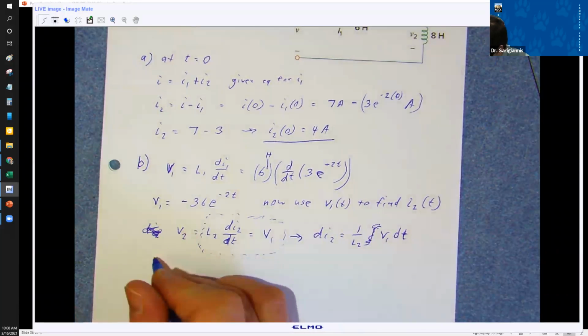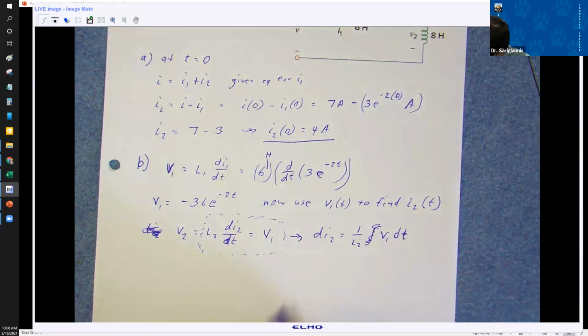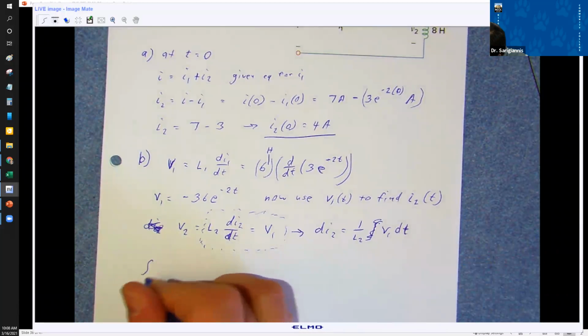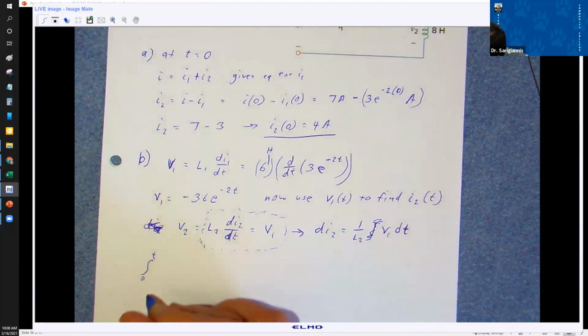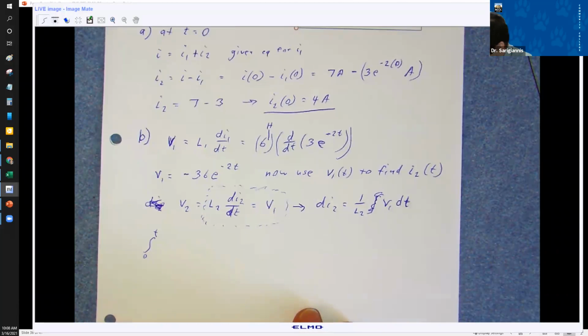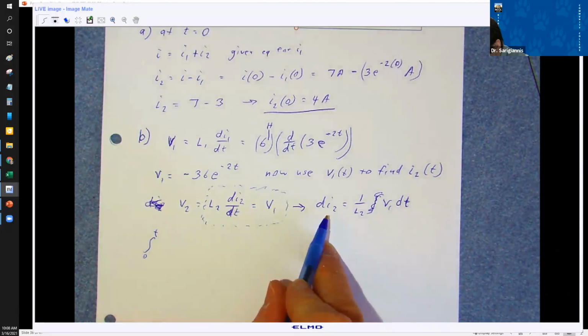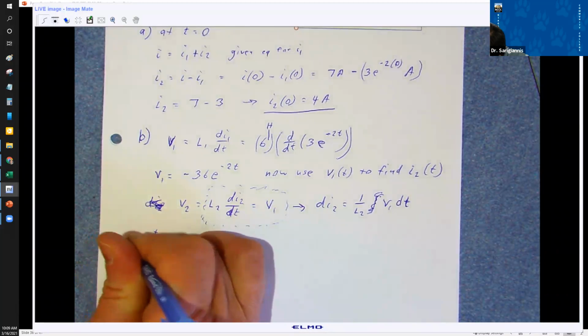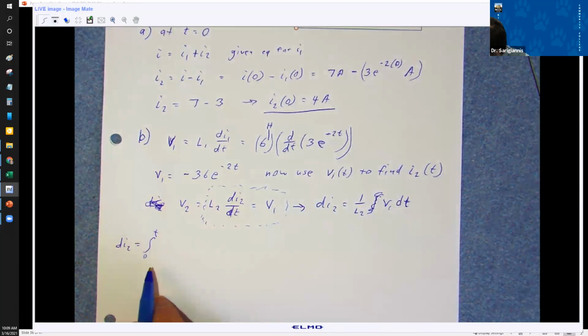I'm going to integrate both sides now. So let's do from 0 to t. We're trying to solve this, right? Equals that. So let's take each component from 0 to t.